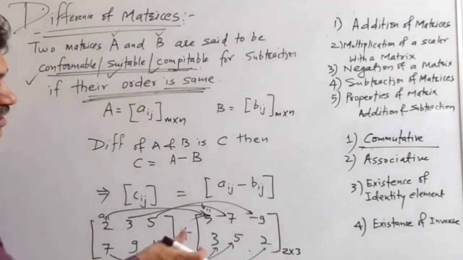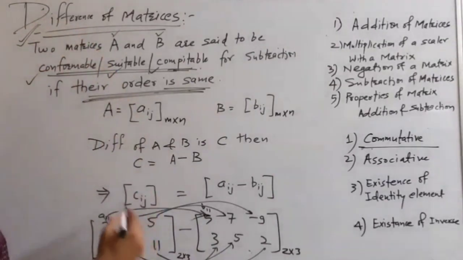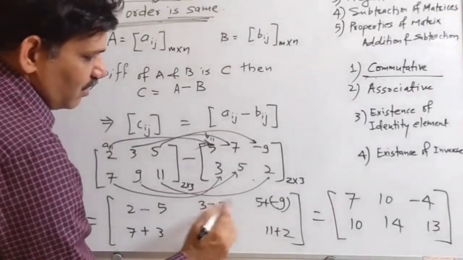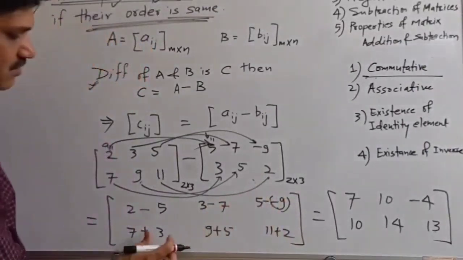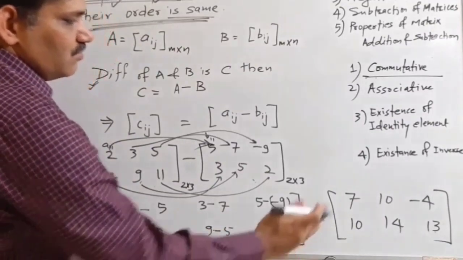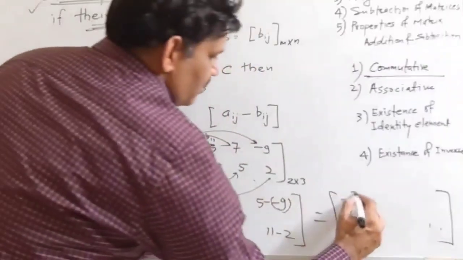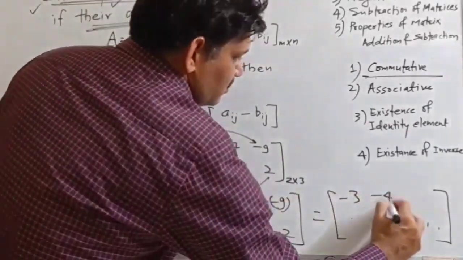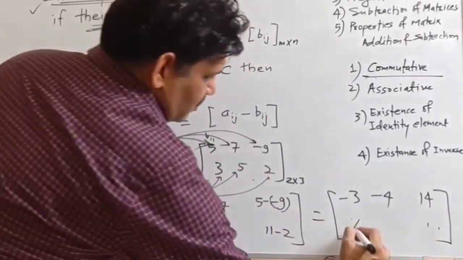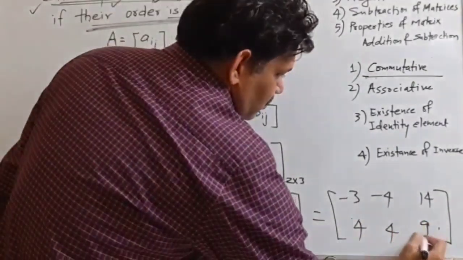So this time we are not going to find the sum, but the difference. So I put a minus. So 2 minus 5, 3 minus 7, 5 minus of minus 9, 7 minus 3, 9 minus 5, 11 minus 2, and this gives me the result: 2 minus 5 is minus 3, 3 minus 7 is minus 4, 5 plus 9 will give me 14, 7 minus 3 is 4, 9 minus 5 is 4, 11 minus 2 is 9.